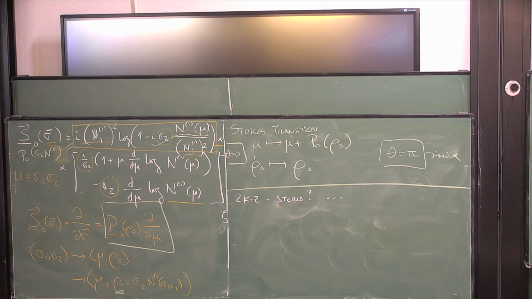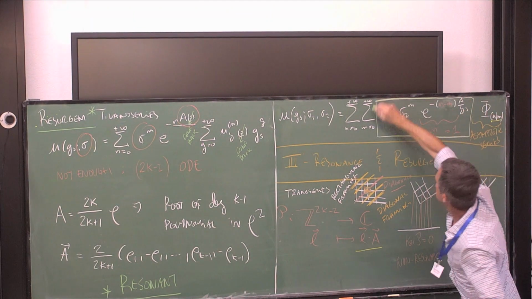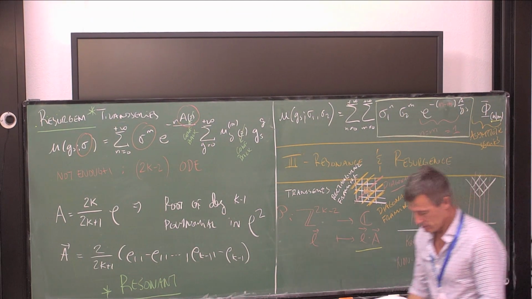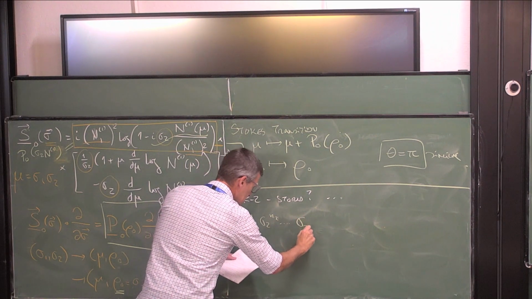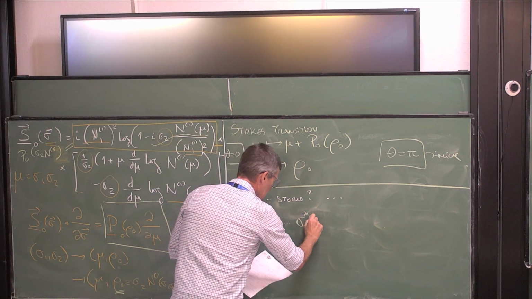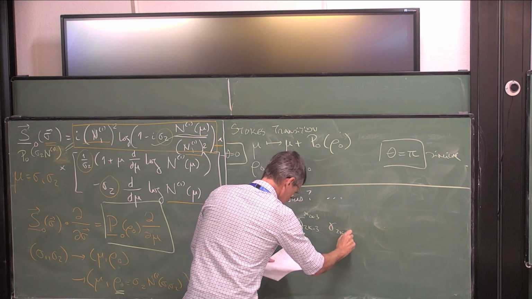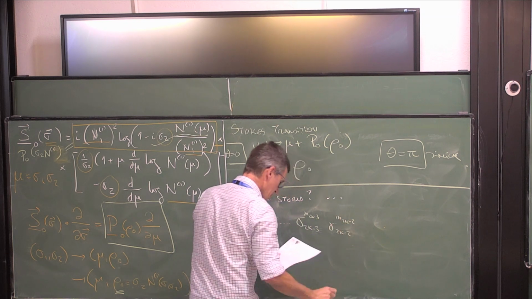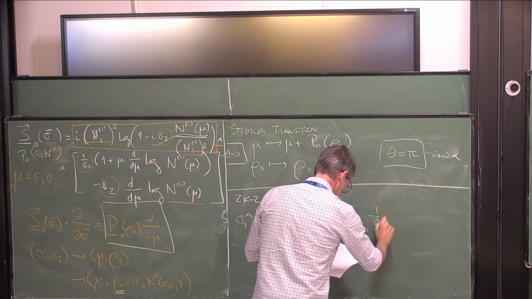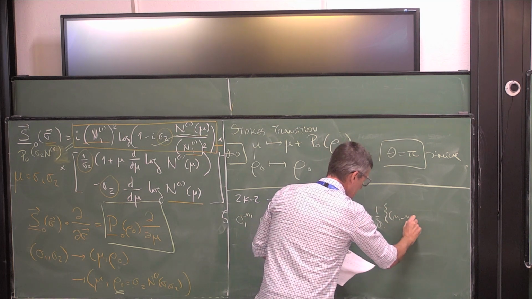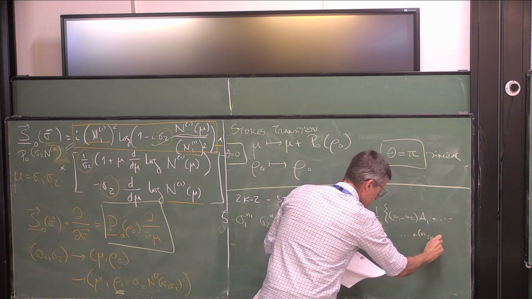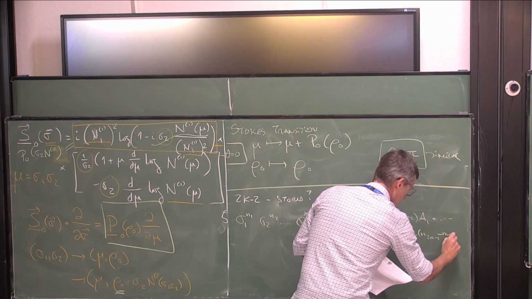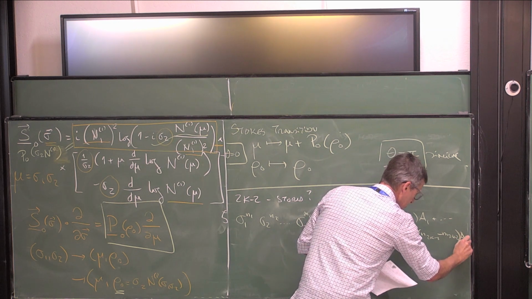What's the analog to this quantity in the 2k minus 2 case? Well, it's something that's going to look like this: sigma 1 n1, sigma 2 n2, sigma 2k minus 3 and 2k minus 3, sigma 2k minus 2 and 2k minus 2, and then the exponential of minus 1 over gs, n1 minus n2, a1, and 2k minus 3 minus n2k minus 2 times ak minus 1.